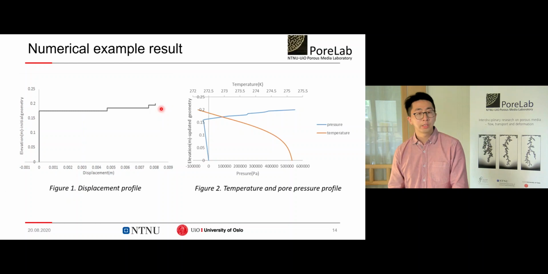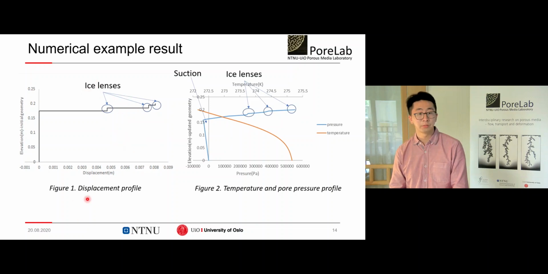This is the result from our model. As we can see, there are 3 distinct ice lenses from this displacement profile. And we can also see from the temperature and pore pressure profile that the pressure gradient in these 3 ice lenses changes. But pressure and also temperature at the top and the bottom boundary of each ice lens are the same.